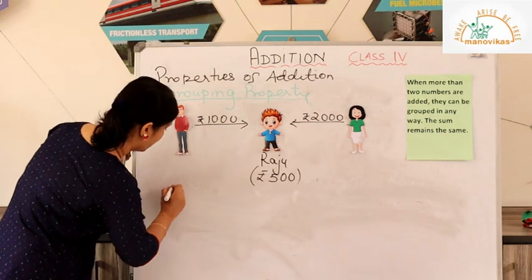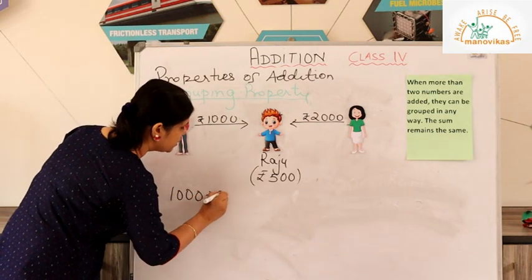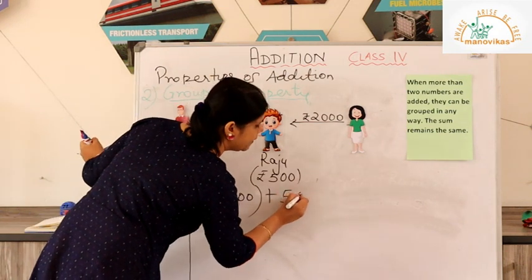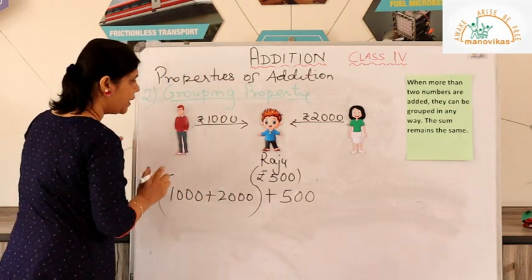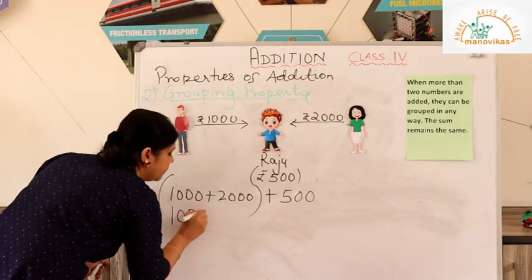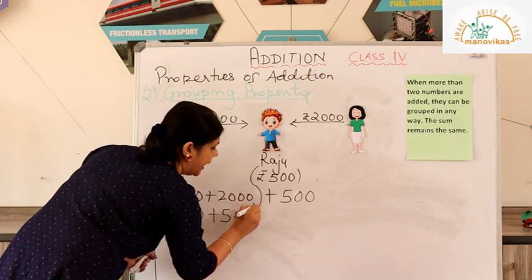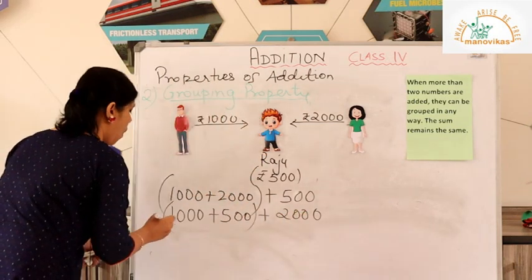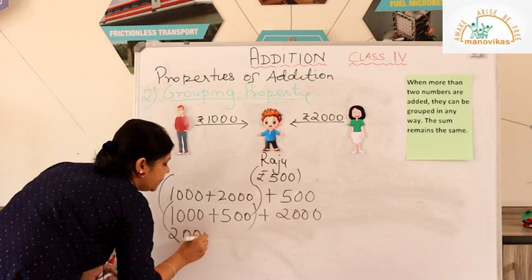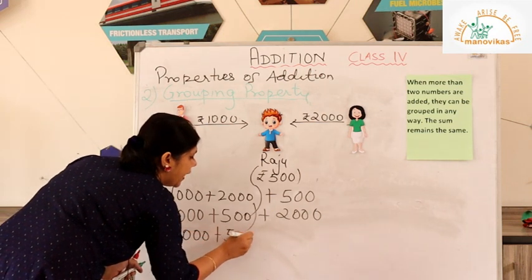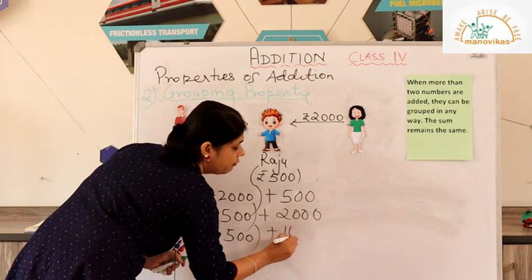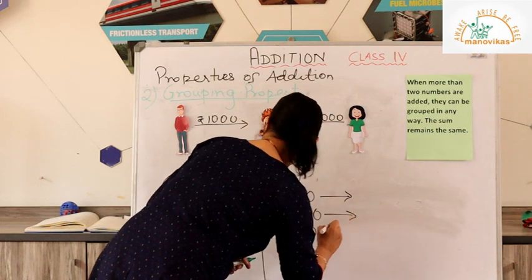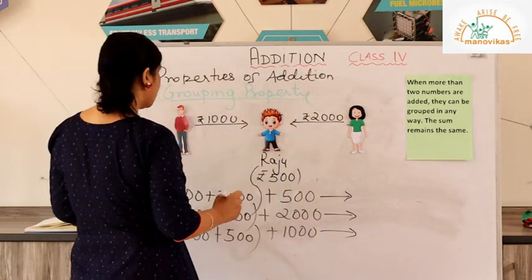I can either group 1000 plus 2000 and then to this total I can add the money that Raju had, or I can add 1000 plus 500 and to this total I can add the money which the mother gave, or I can add 2000 plus 500 and then add the money which father gave. Now, in all the three cases, you will see that the answer remains the same.